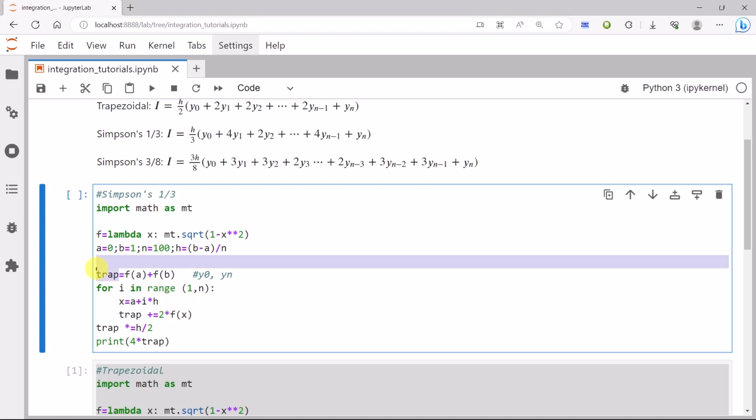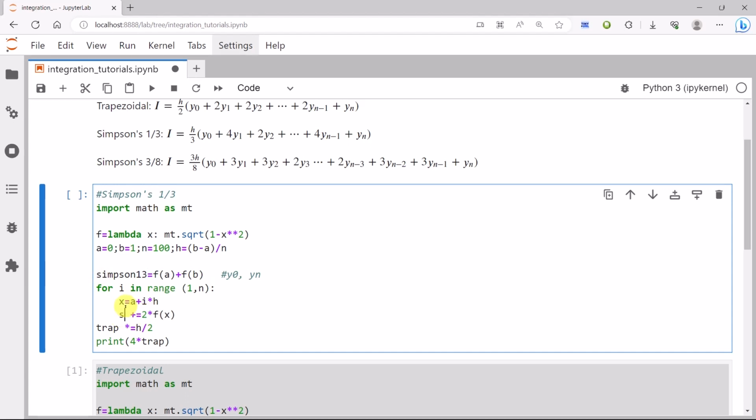So let me give it a different name. Simpson 1/3, and this is also Simpson 1/3, this is also Simpson 1/3, and here Simpson 1/3.